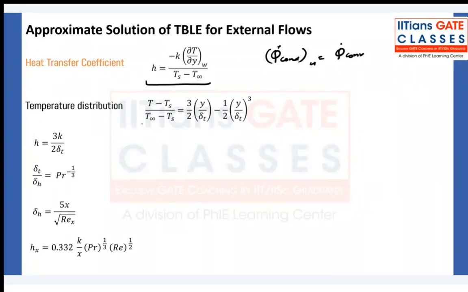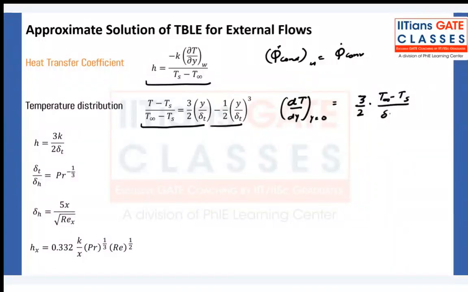I can calculate dT by dy at y equals 0, which will be 3 by 2 times T infinity minus Ts upon the thermal boundary layer, because this portion will become 0.